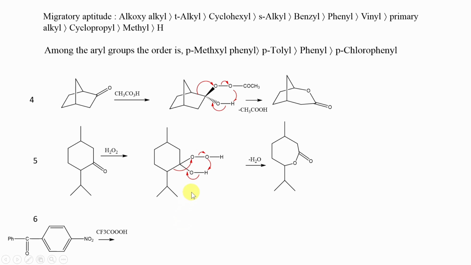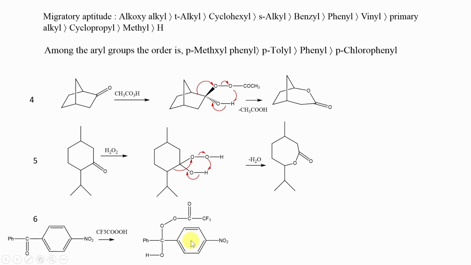See how the mechanism goes on. As in the previous case, the carbonyl group first captures a proton from this peracid, trifluoroperacetic acid, and the trifluoroperacetate ion is attached to this electron deficient carbon atom, thereby forming this molecule.